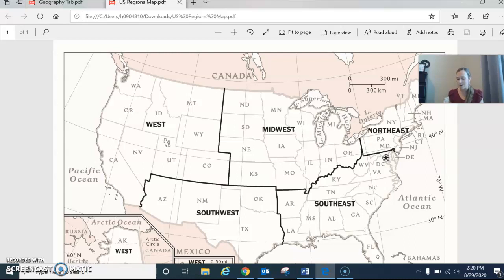If you look at the word longitude, longitude is long, and that's how I remember it. It is long, and it is the one that goes in this direction on your map.